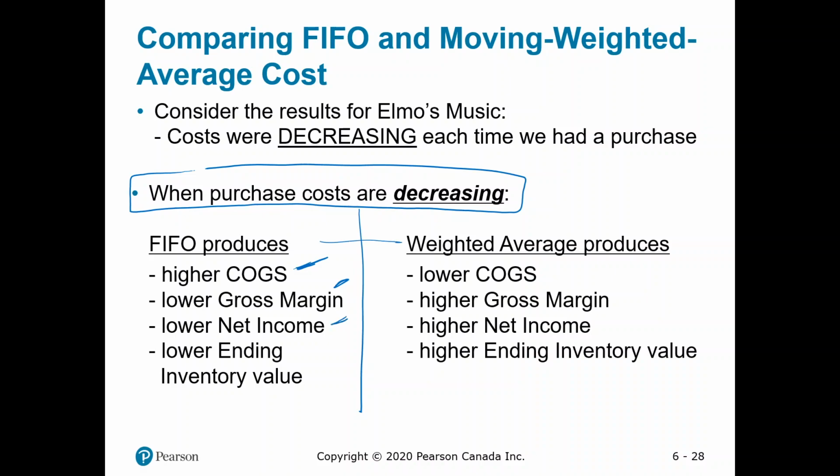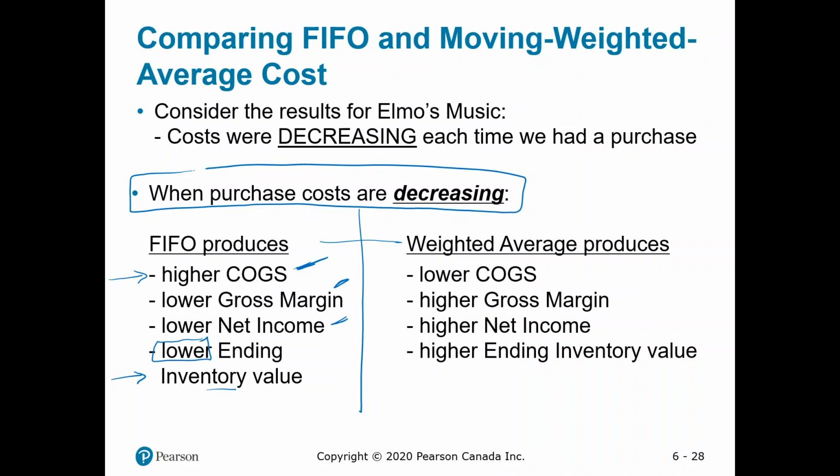Therefore, we're left with a lower net income. And since we moved out the higher value, because the first ones we purchased were more expensive, we moved out those higher value items when we sold them, and therefore we're left with the least expensive or the lower cost in our ending inventory. Because of that, FIFO will also have the lower ending inventory.